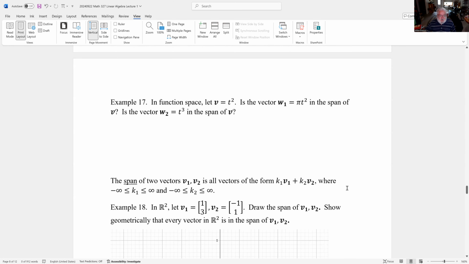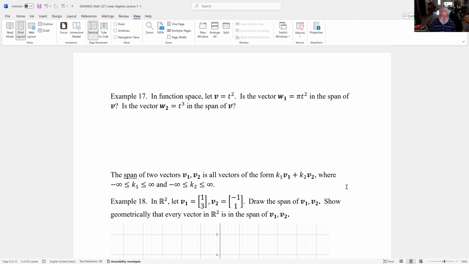What about this function v equals t squared, right? So from function space, is pi times t squared in the span of v? Yes, pi times t squared is a real number times v, which equals t squared.